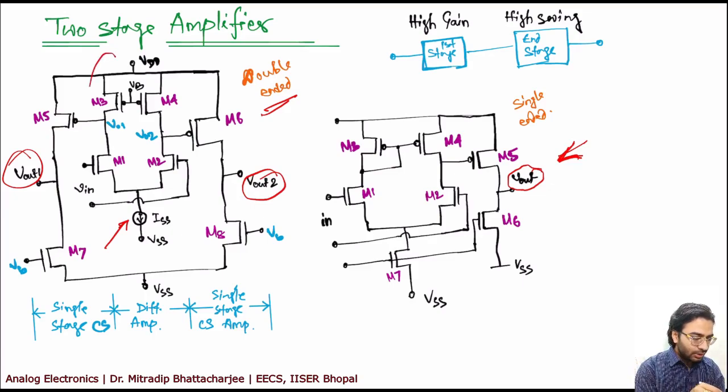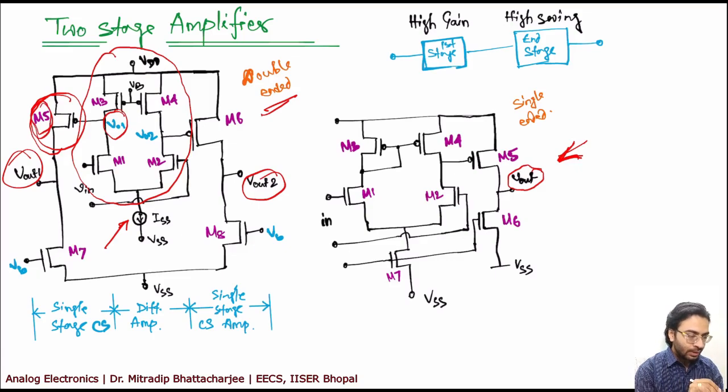If you look at this circuit, the first stage differential amplifier output V1 is going to the second stage single stage amplifier, in the M5 transistor, the driver transistor. So essentially whatever gain you are getting from here, say this gain is A1, and the gain of the single stage is A2. Previously I also said that in that case you will get a total gain of A1 into A2.